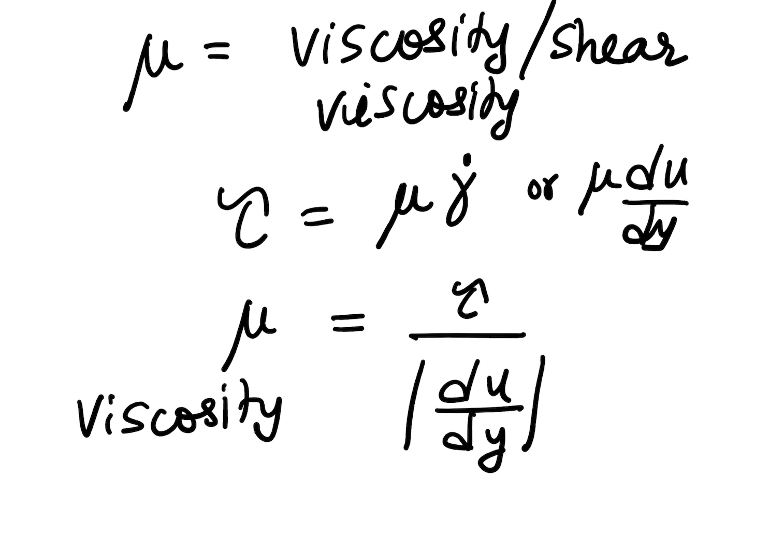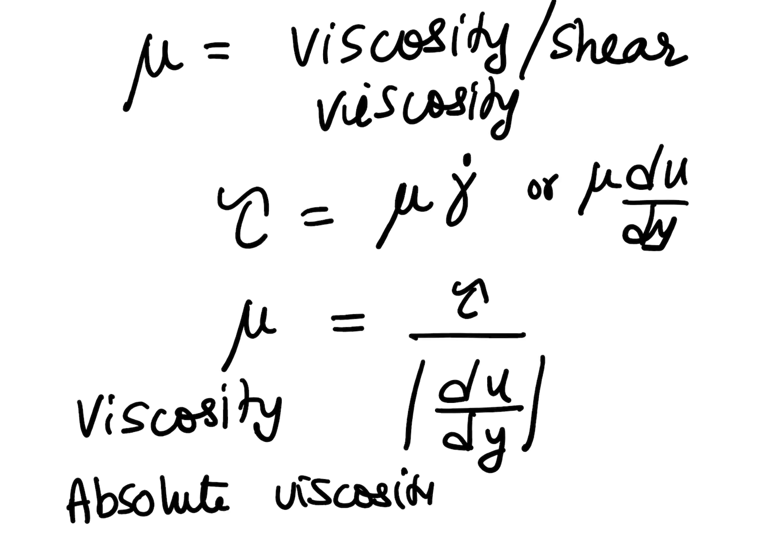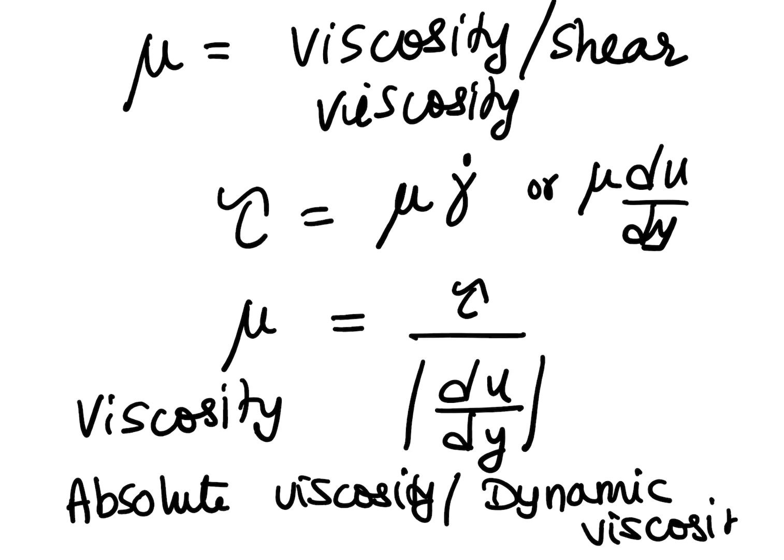Okay. The quantity mu, which is viscosity, has some other names that are used for it, also absolute viscosity or dynamic viscosity. Okay.